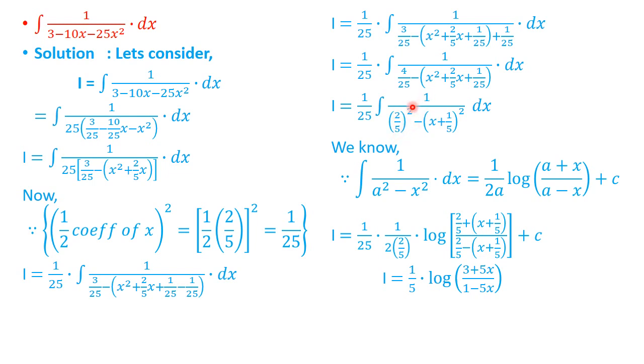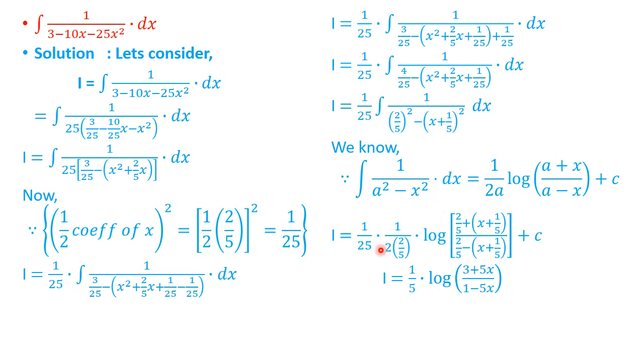Now this integral is in the standard form, and which standard form? A square minus x square, isn't it? So here 1 by 25 is carried further. Integration of 1 by a square minus x square dx is equal to 1 by twice a log of a plus x by a minus x plus c, isn't it?